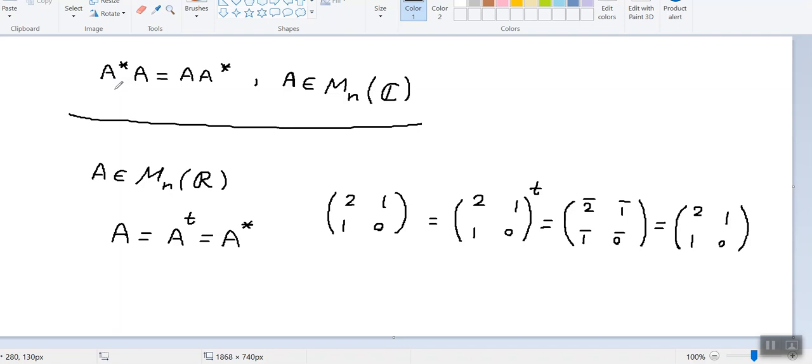conjugate transpose of the matrix A. Do you remember? We defined it earlier.